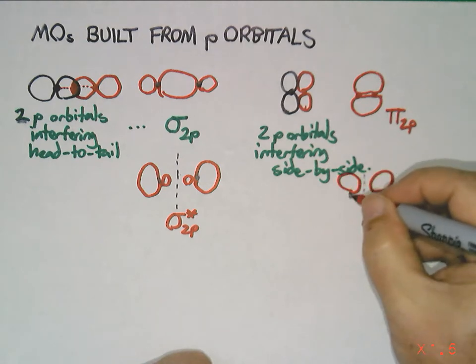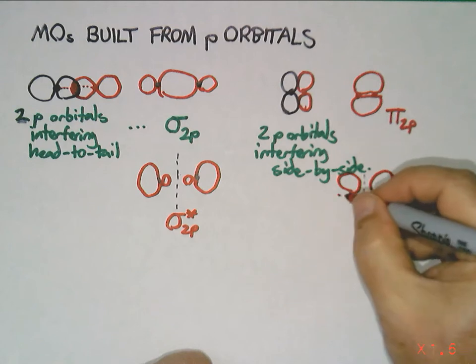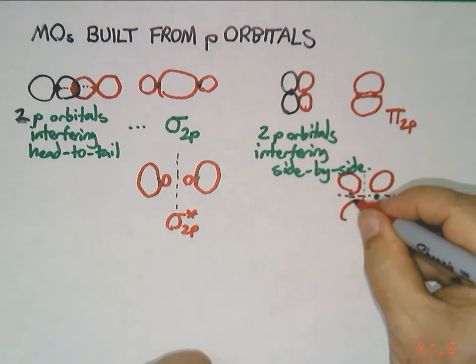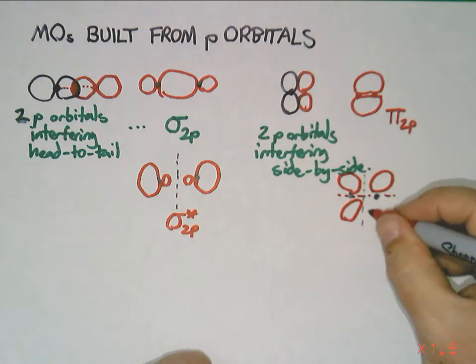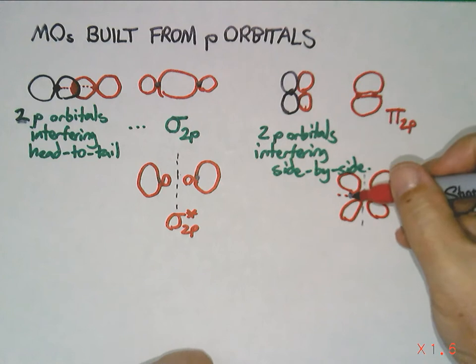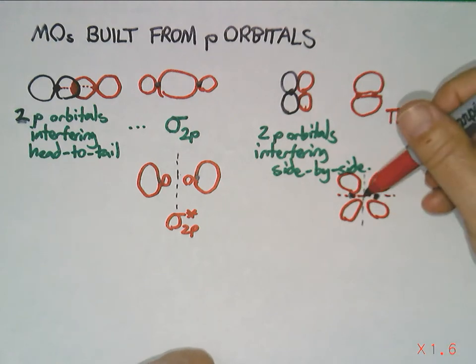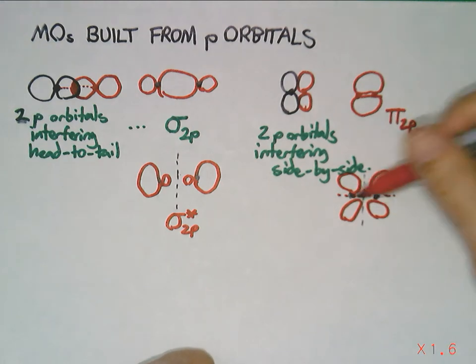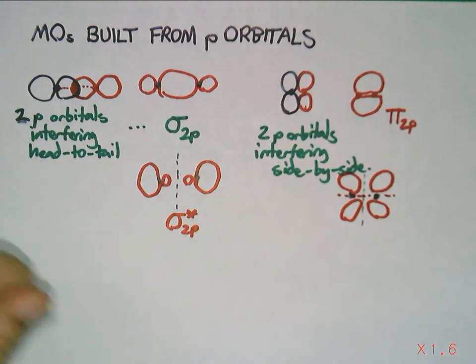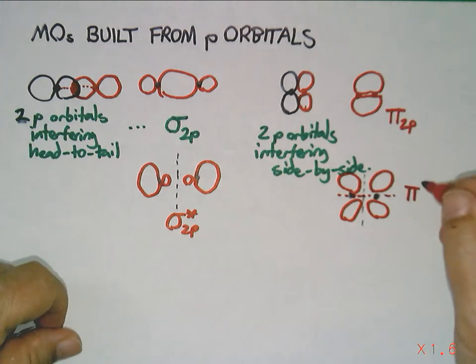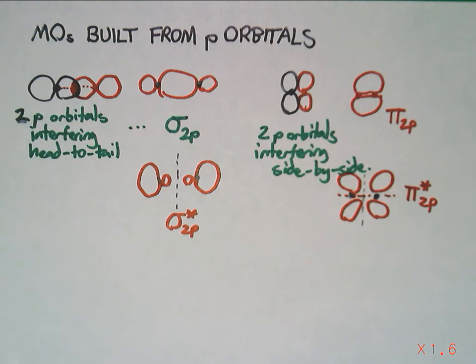Now there's already a node here too, so there are two nodes here. This looks kind of like a d orbital, but it's not a d orbital because there are two nuclei in there. In a d orbital there will be one nucleus and it would be in the center, but here there are two. This would be a pi star 2p. It's an anti-bonding pi orbital.